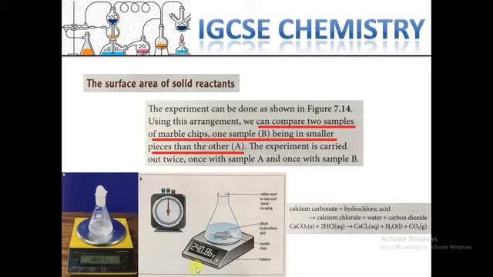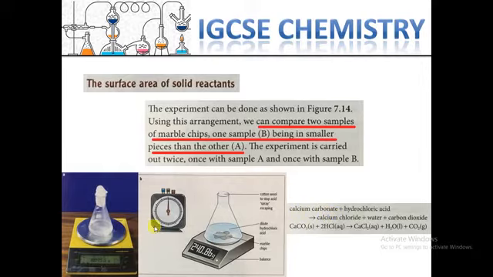Through this equipment, we can explore the reaction, and how surface area can be important for a fast reaction. We can compare two different solids of calcium carbonate.